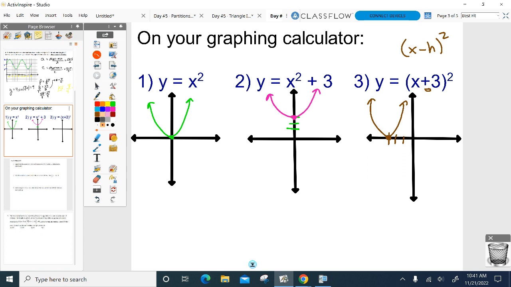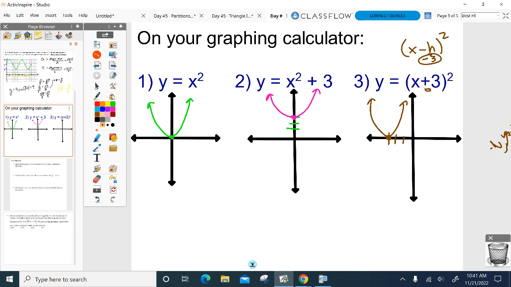So when I put a -3 in here, see how it becomes plus 3? Because x minus a -3 becomes plus 3. What does negative tell you? Go to the left. It actually changes to plus 3 because you got a double negative, but it's still going left 3.